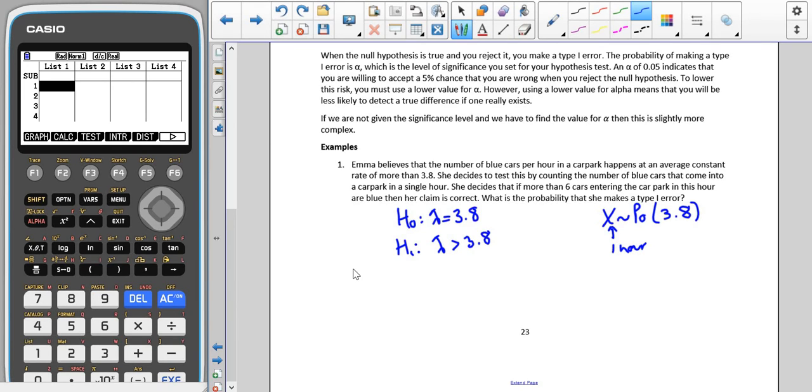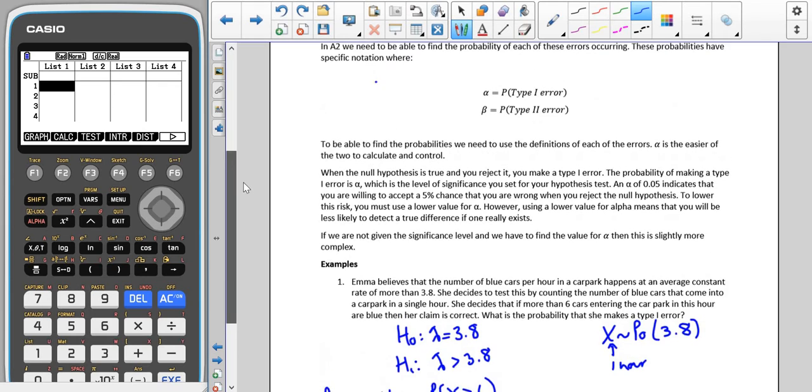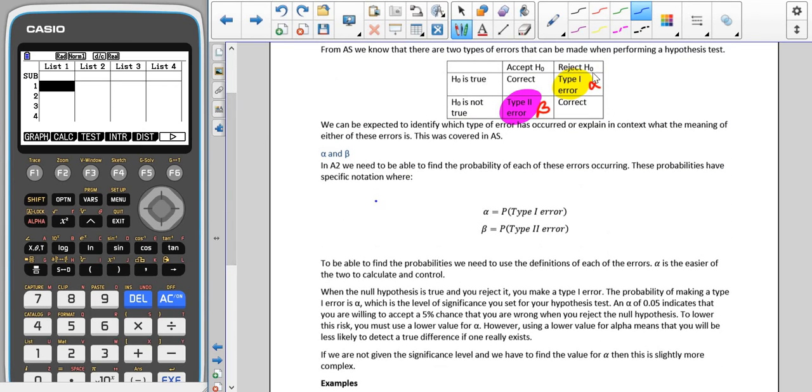So she's saying that she's going to reject H0 when X is strictly more than 6. Now if we have a quick look back, a type 1 error is where we reject H0 but H0 is actually true.